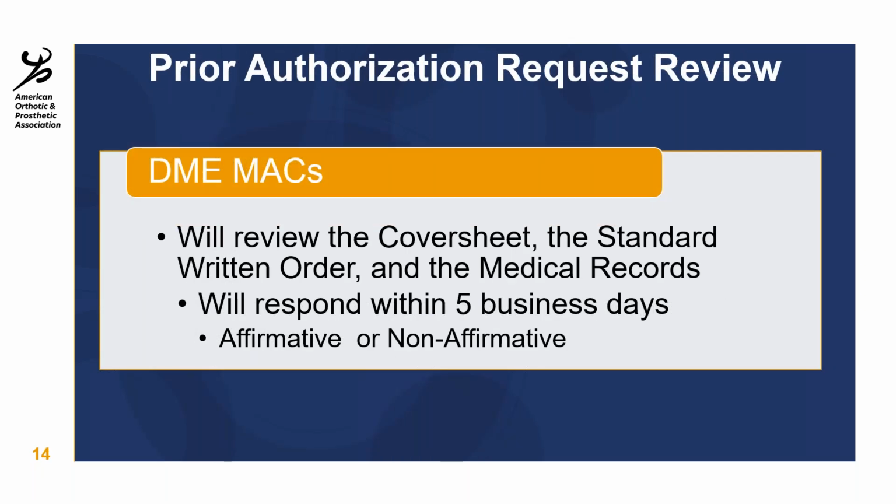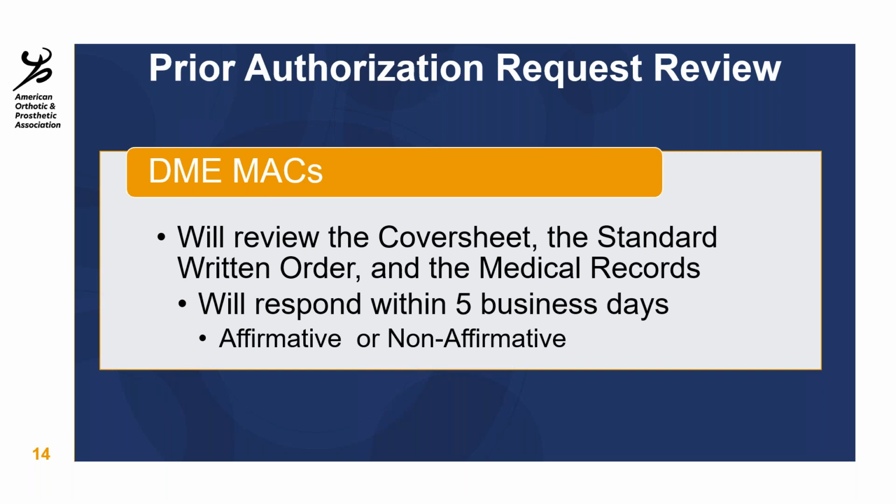Once the DME MACs receive your cover sheet information, your SWO, and all the other pertinent medical record information for medical necessity, they will review all the information and respond to your request with either an affirmative, meaning you passed and received prior authorization and that you showed that medical necessity has been met and policy criteria has been met, or you'll receive a non-affirmed, meaning something needs to be fixed or addressed, or something went wrong and that you did not pass the prior authorization.